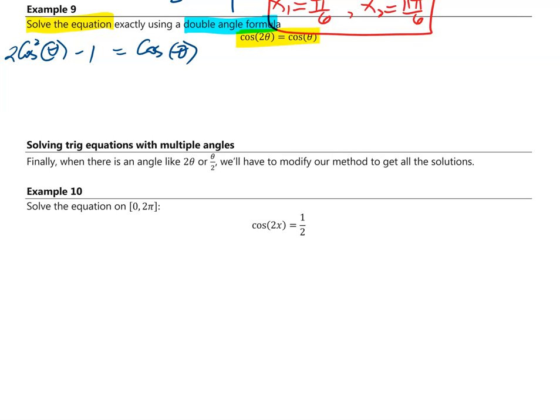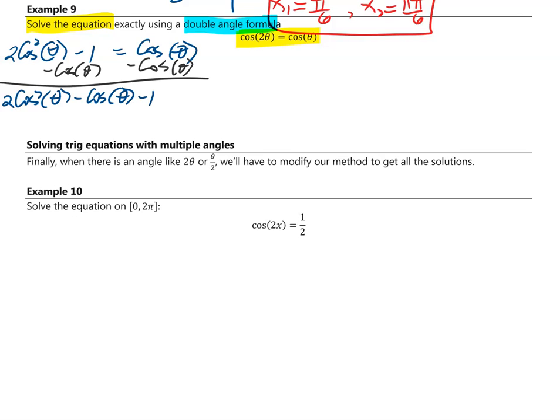And then if we subtract cosine theta from both sides, you'll have 2 cosine squared theta minus cosine theta minus 1 is equal to 0.